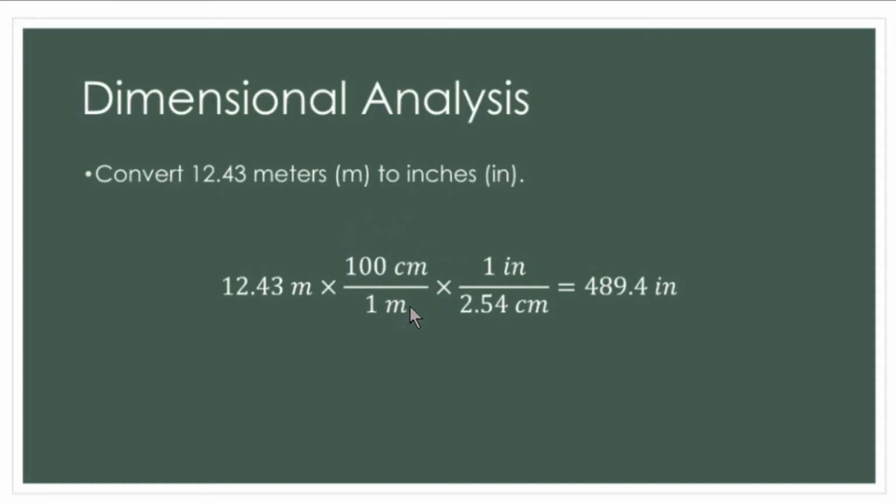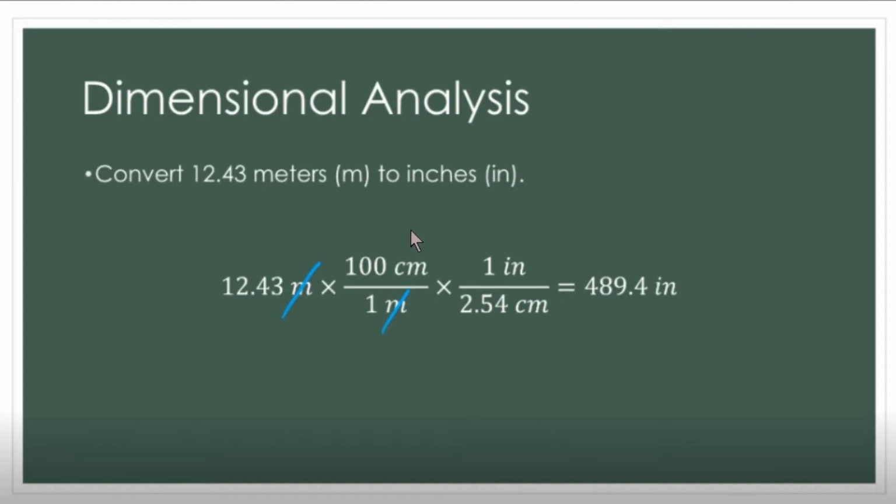The first factor here is the conversion from meters to centimeters. Our given is in meters, so it's quite natural that for the first factor, the unit of meters is in the denominator, such that the unit of meters from our given and the meter in our factor would cancel out. If you take a look at the second factor, this now concerns the conversion from centimeters to inches.